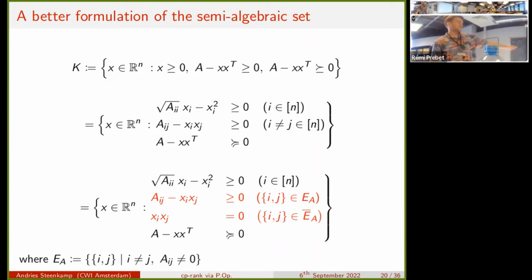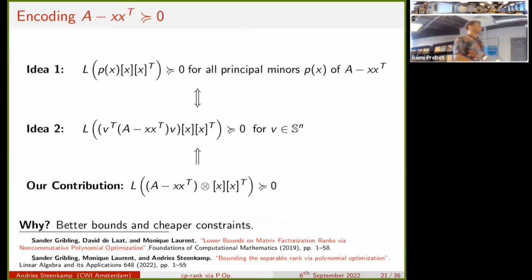The last step is now the very last PSD constraint. Let's massage that. First intuitive idea is we convert PSD of this matrix polynomial into non-negativity of its principal minors. You get it back to scalar positivity constraints.